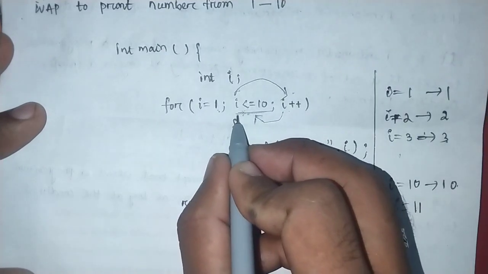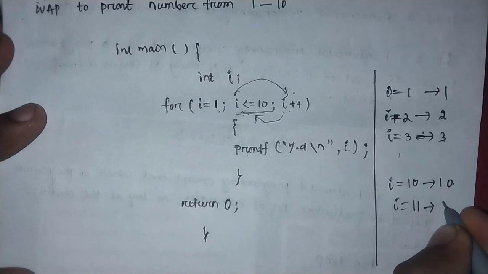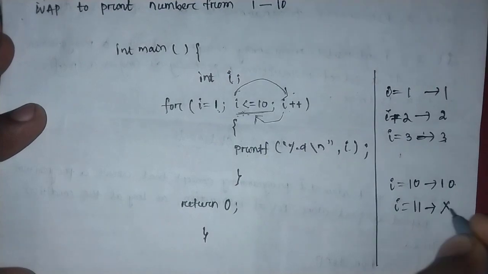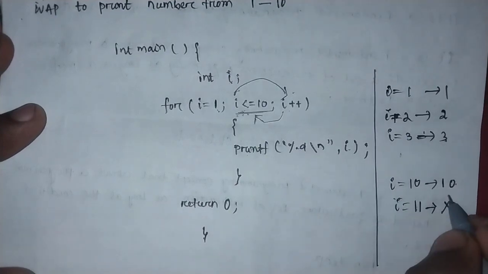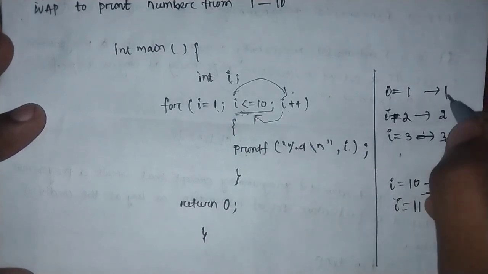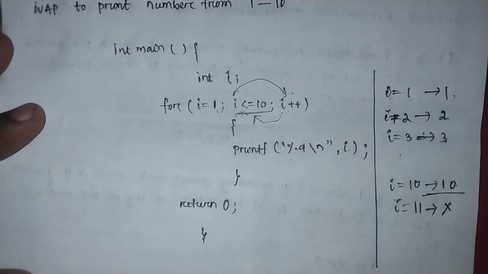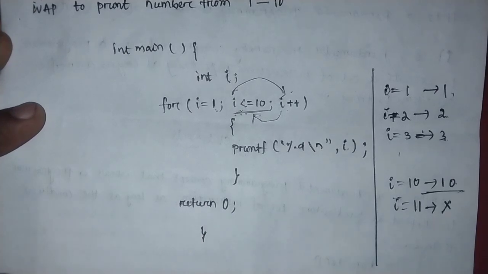No, it is not, so it will not print more. The loop will be terminated at 10. So the output will be 1 2 3 4 5 6 7 8 9 10. Let's do it on the online C compiler.